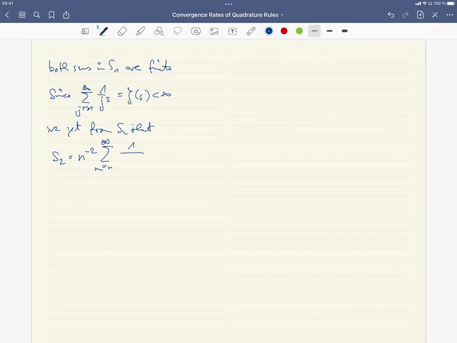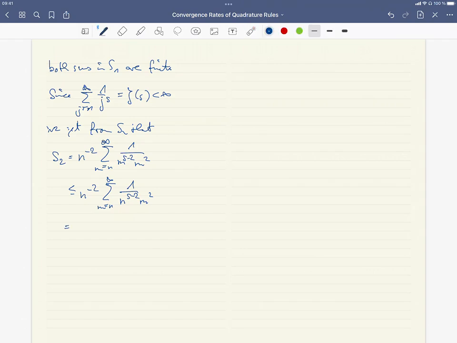I'm writing the term we have there a little bit more complicated, m to the s minus 2 times m to the 2. So then we can estimate n to the minus 2 sum m from n to infinity 1 over n to the s minus 2 m to the 2. That's possible because m is bigger than or equal to n. So I get an upper bound by inserting the smallest thing into the denominator.